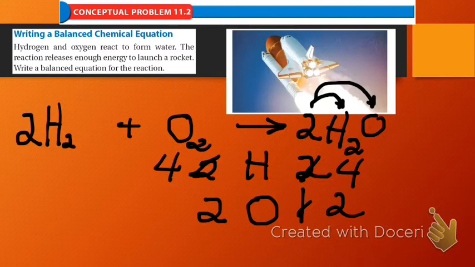Now I have 4 hydrogen on the left, 4 hydrogen on the right. Oxygen, I still have 2 of each. So this is my balanced equation. I cannot reduce my coefficients. I have 2 and an understood 1 on the oxygen and 2 on the water. They're not all reducible by the same thing. So we're all done with that one.